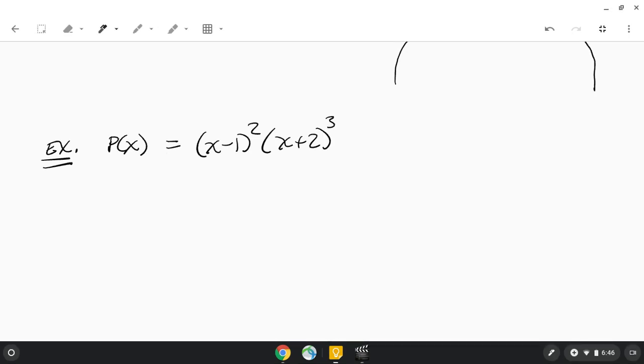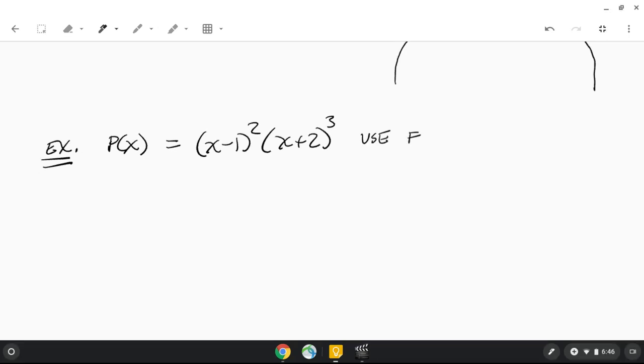Okay, so let's take a look where we have both a double zero and a triple zero. So suppose I have this polynomial p of x equals (x minus 1) squared times (x plus 2) cubed. It's already in completely factored form, so I can tell what the zeros are going to be.